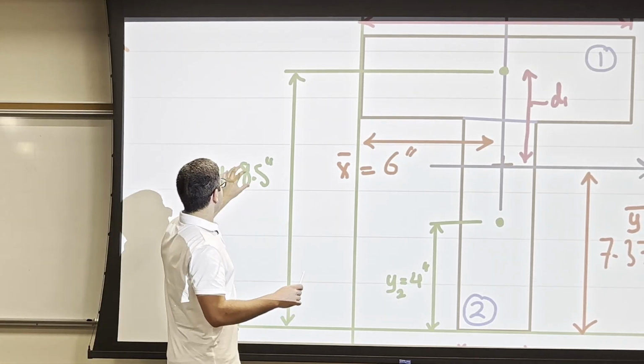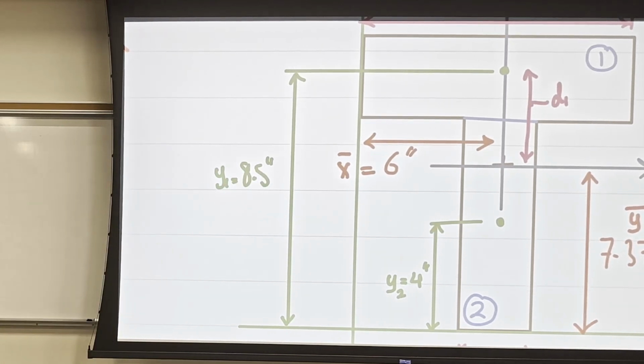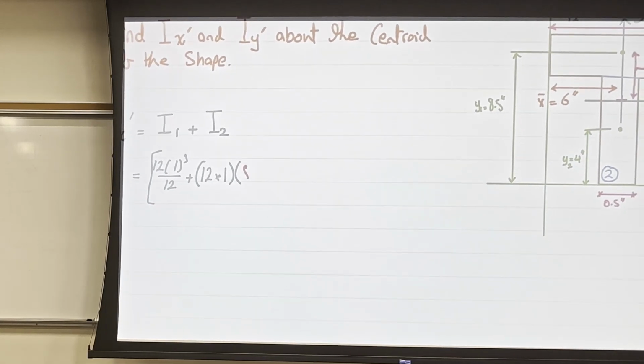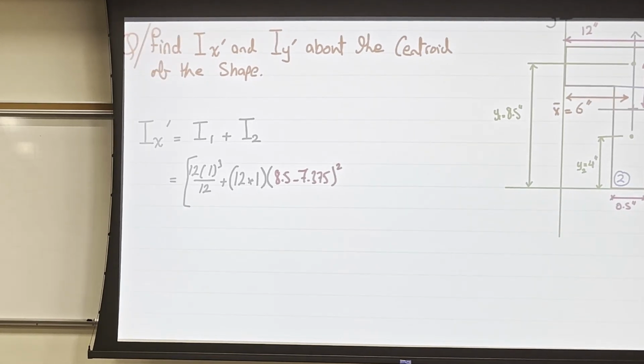So always y1 minus y bar, okay? This will give you your distance, which is, let me write it here, 8.5 minus 7.375, and the whole thing squared. So now I finished the moment of inertia for shape 1.